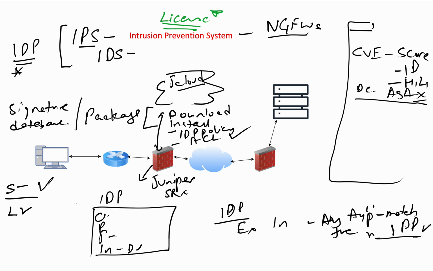So once that is done, you check the status if it is up or not, and once you have tested, you can just check the stats. Sorry, I spelled it wrong. Stats. You will see that by IDP policy this and this, two packets or one packet are being blocked as per the signature. Okay, so this is how a basic IPS works.